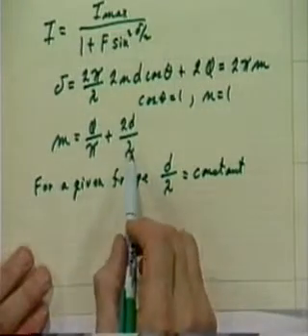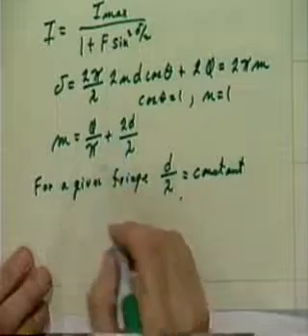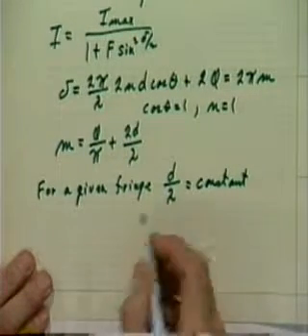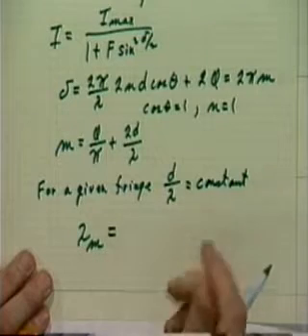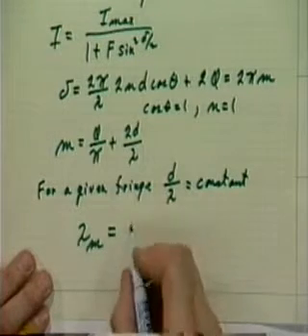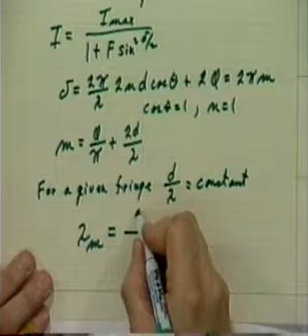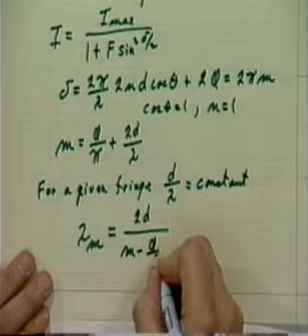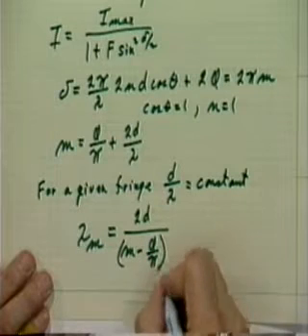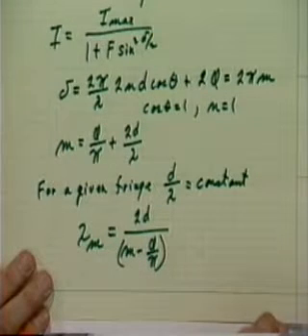And I can solve here that whatever wavelength gets through here for the mth order, I'll just call that lambda sub m, is equal to just 2d divided by m minus phi over pi.